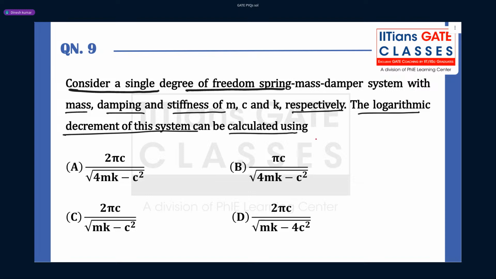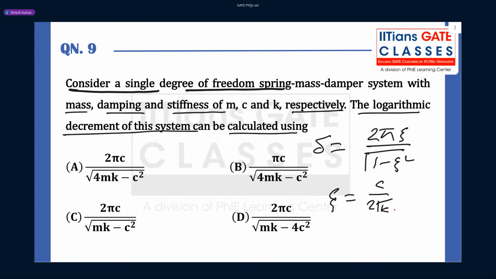So we know, guys, the logarithmic decrement delta is given by 2 pi zeta upon under root 1 minus zeta square. And we already know zeta is given by c by Cc, and Cc is 2 under root km.